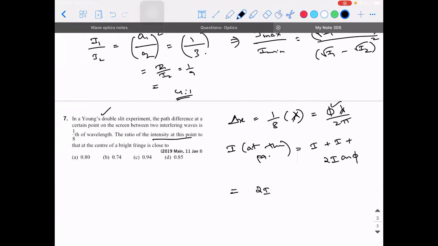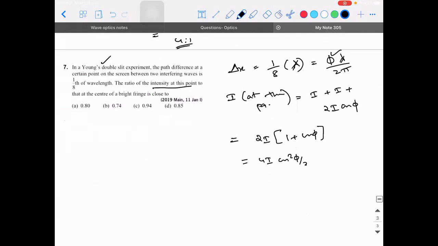Then 2i into 1 plus cos phi, that is 4i cos square phi by 2. Correct? So that is the reason why we need phi. Phi by 2 is pi by 8, so 4i cos square of pi by 8.